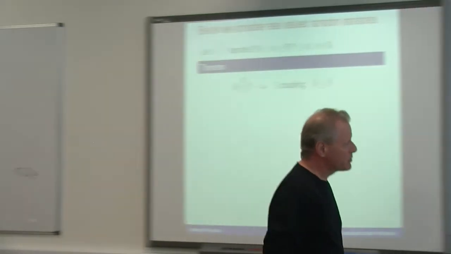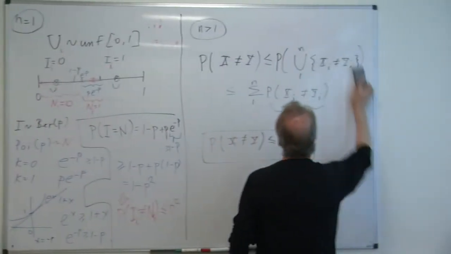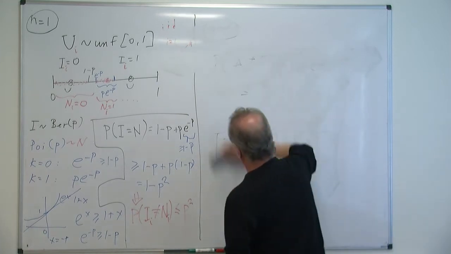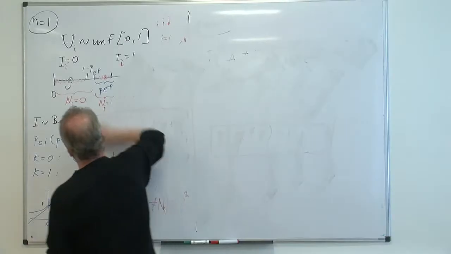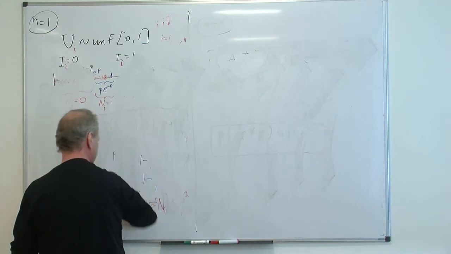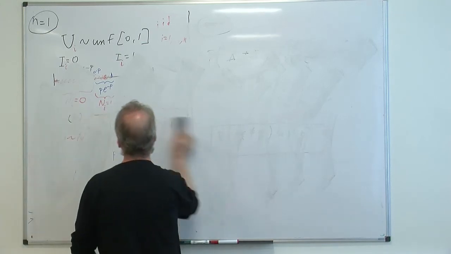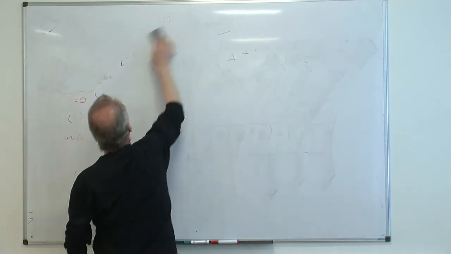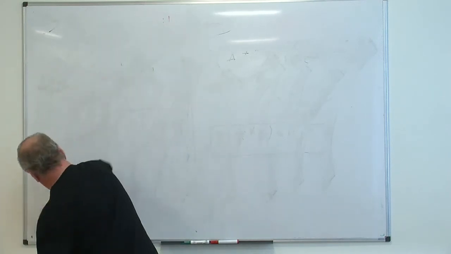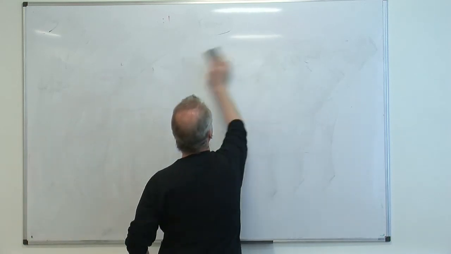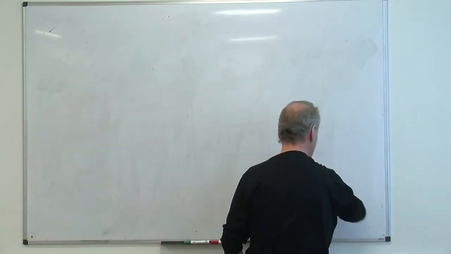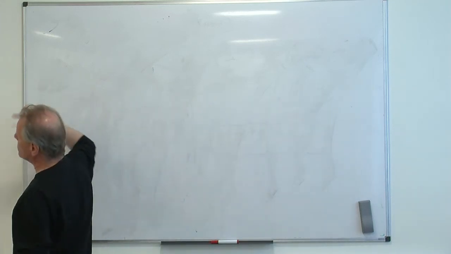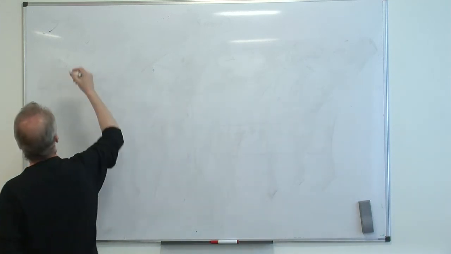I will clean this board. Okay. Stochastic domination means the following.